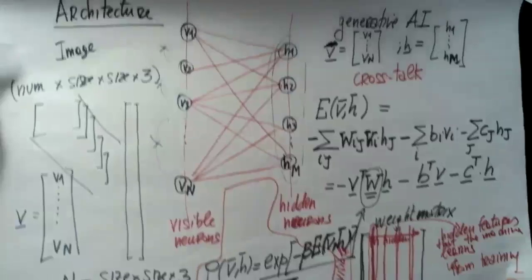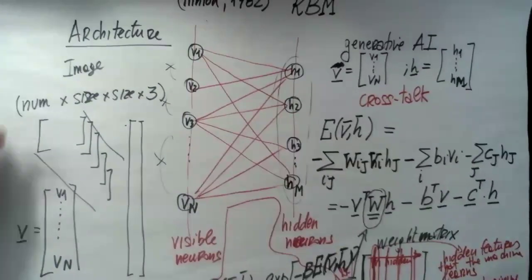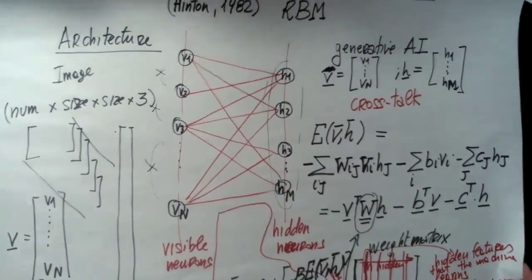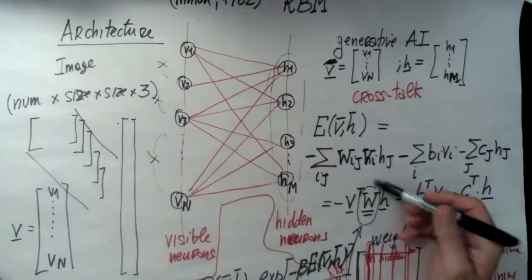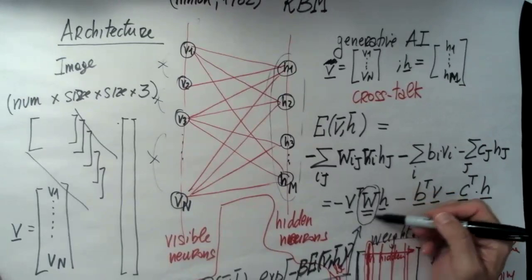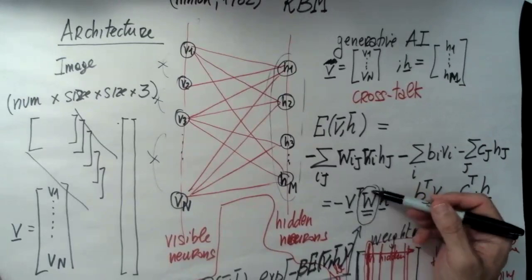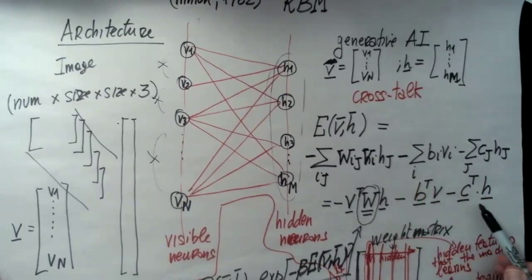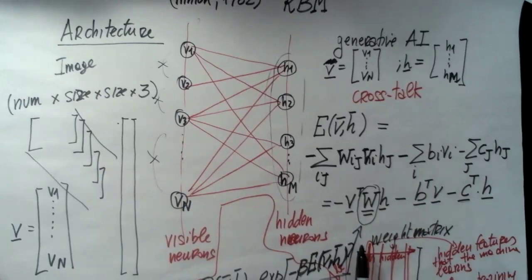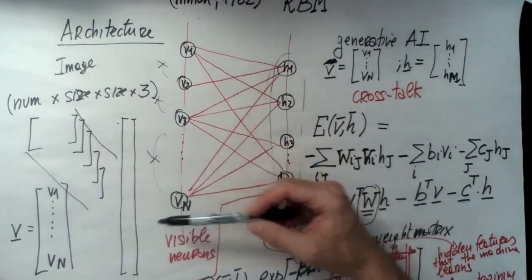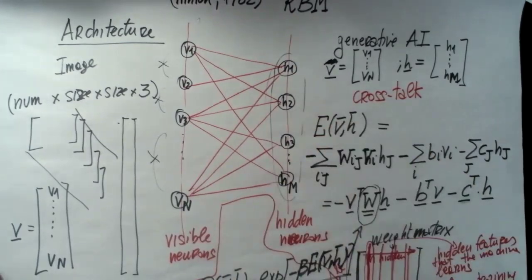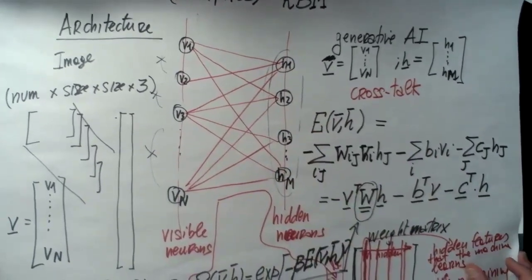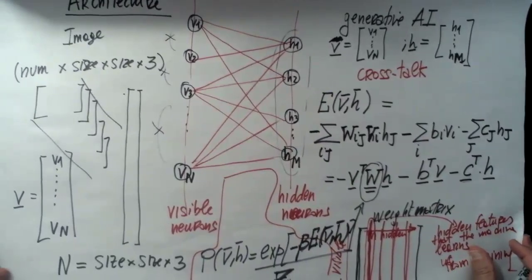And so the training process consists of learning these matrices, the weight matrix and the bias vectors, from the data using a training algorithm devised by Hinton.